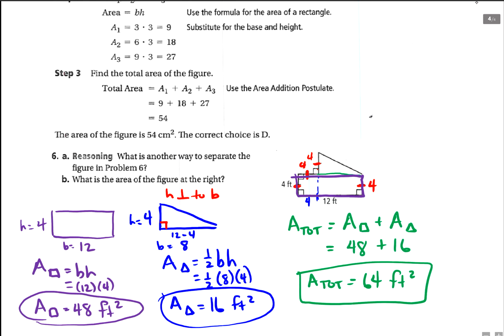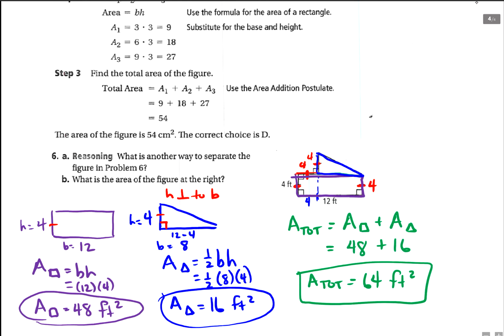And then I did my triangle. Now my triangle, I know that this side over here is 4 feet tall because it's congruent to the side of my rectangle. Right? This and this are congruent. But I need to know how long this base is. Well, I know that the whole thing here is 12, and I know that this piece that's not attached to my triangle is 4, so 12 minus 4 is going to be 8 feet long, so my base is 8 feet long.